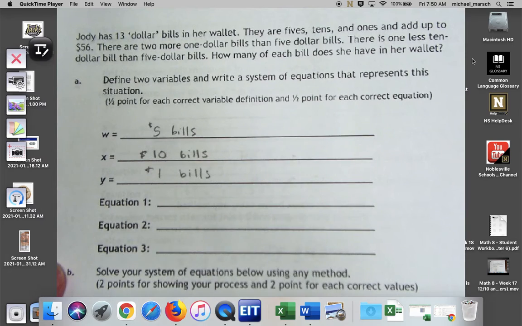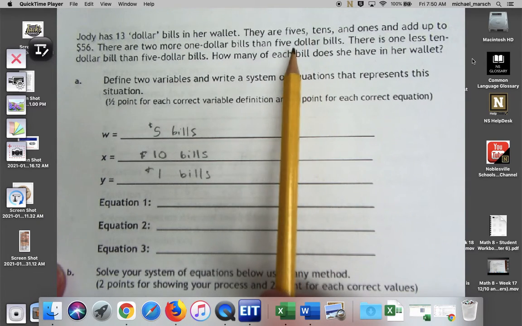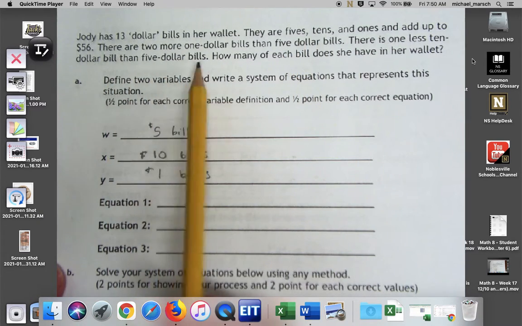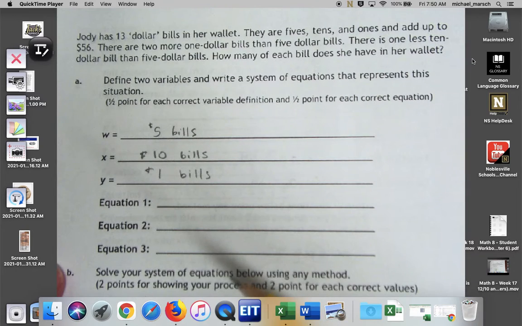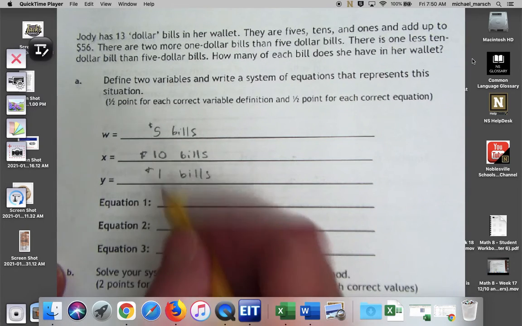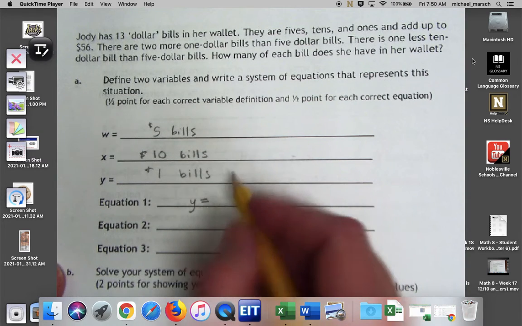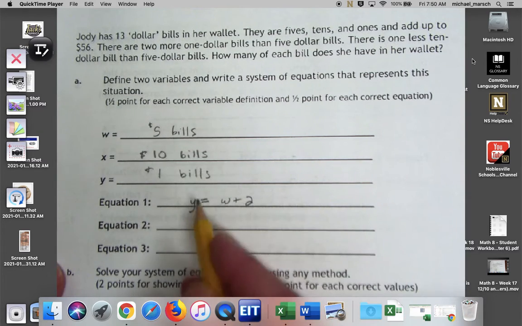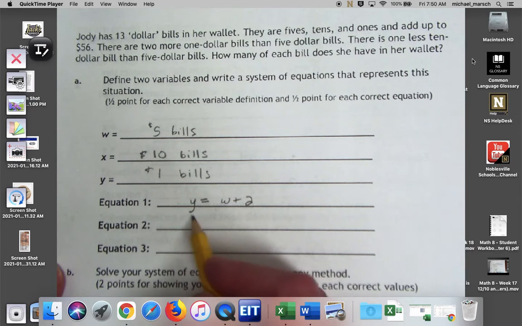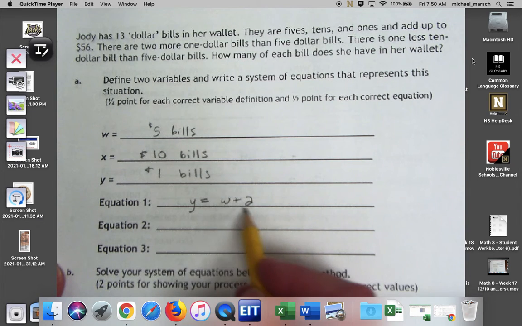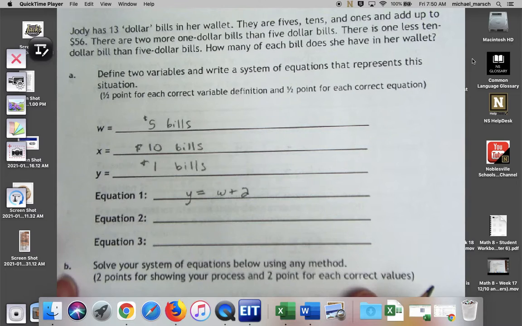All right, so they tell me that there are two more $1 bills than $5 bills. So Y is $1 bills. Y is going to equal W plus 2, because there's two more $1 bills than $5 bills. So I'm going to take the number of $5 bills plus the 2.